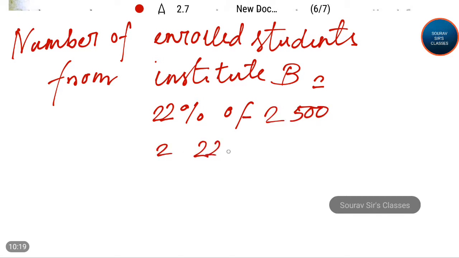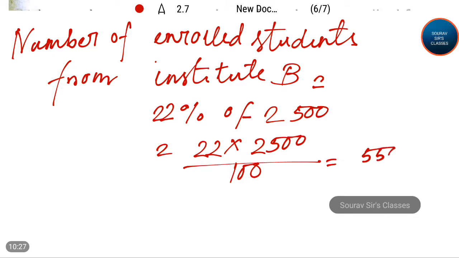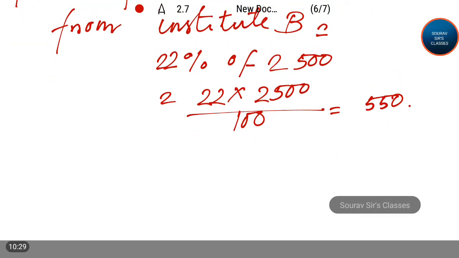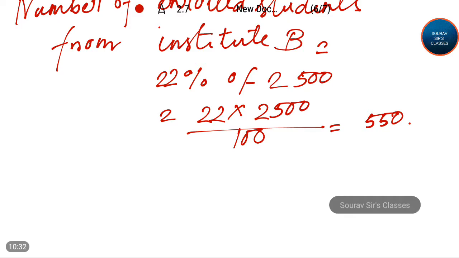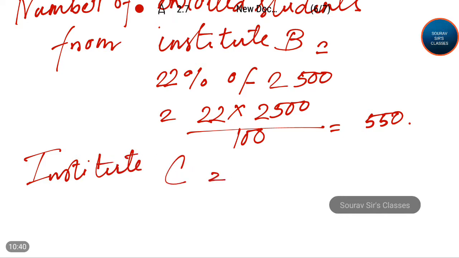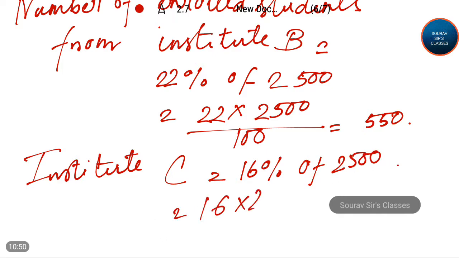That is equal to 22 into 2500 divided by 100. That is equal to 550. Now, the number of enrolled students from Institute C is equal to 16% of 2500. That is equal to 16 into 2500 divided by 100. That is equal to 400.